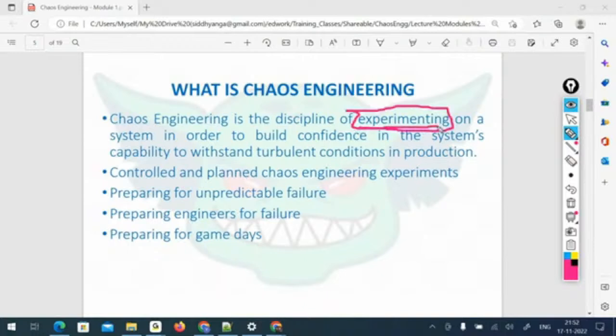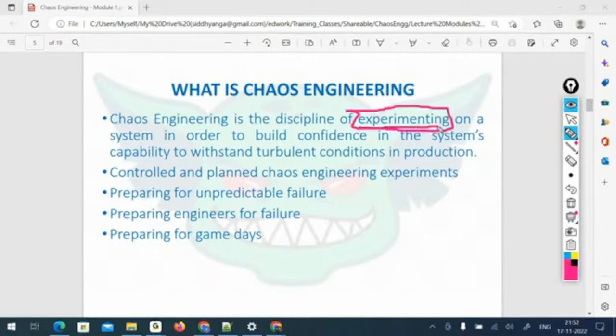Now, if someone asks you what is the difference between chaos engineering and failover testing, because there also we are killing the pods and trying to understand how the microservices will respond, what's the main difference? In failover testing, what we are interested in is how well your system is able to withstand the failure. The keyword there is withstand.